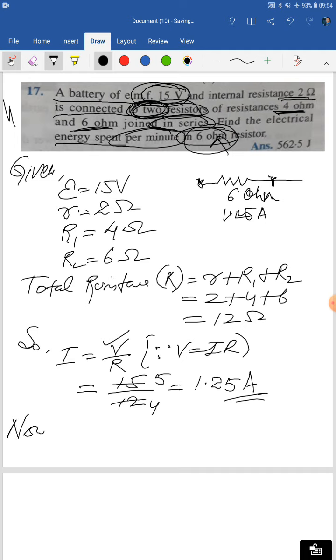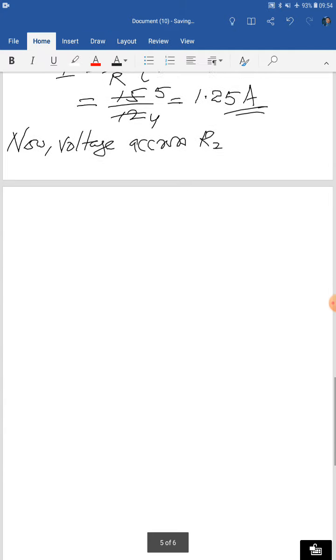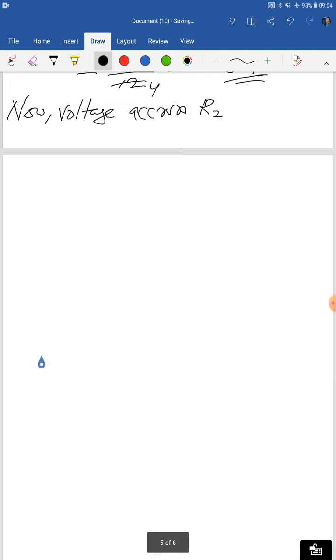So now voltage across R2. Okay, voltage across R2. Let me represent it by V2. So that is going to give me, by the relation, V is equals to IR. So here I'll have V2 equals to I into R2.